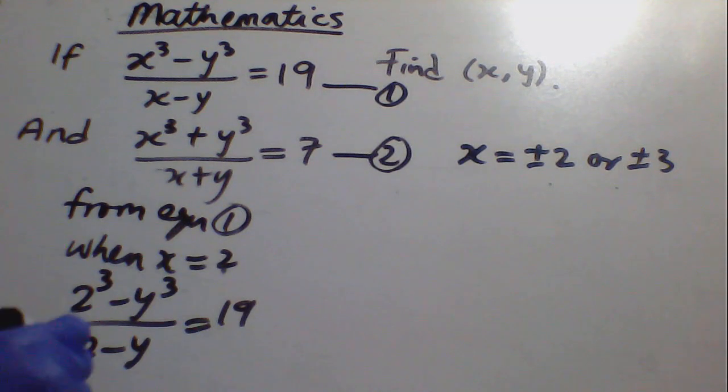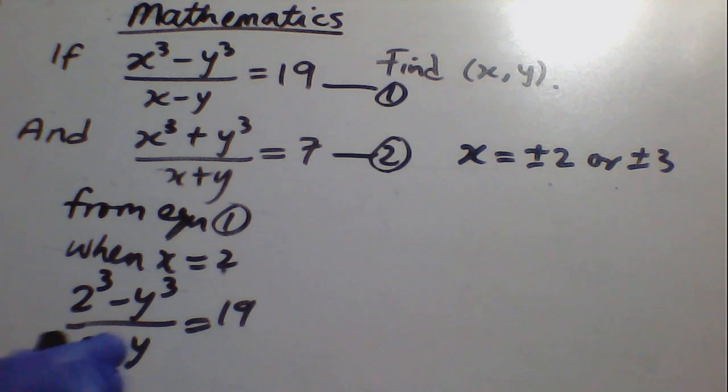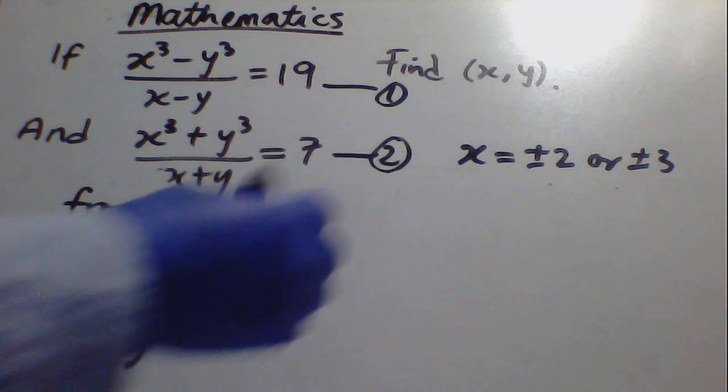So if you cross multiply, 2 raised to power 3 is 8, minus y raised to power 3 is the same as, so you will get, we still make use of that equation.